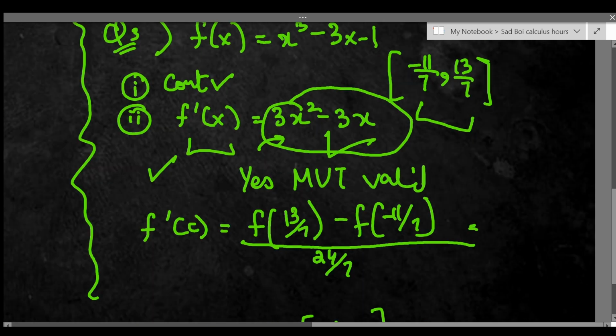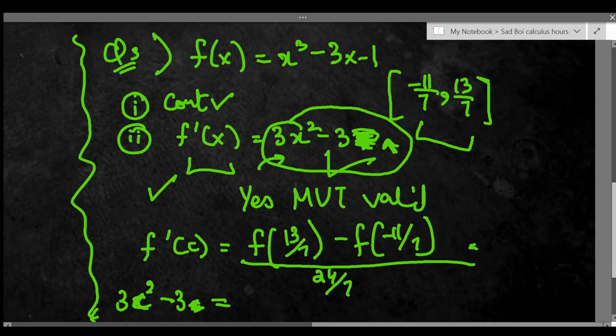We found f prime of x, that is the derivative of f of x. So we're going to substitute c in place of x. This is going to result in 3c squared minus 3. Okay, I wrote it wrong over here. There's going to be no x over here. So what we're going to do is substitute 13/7 in place of x in f of x, that is x cubed minus 3x minus 1.